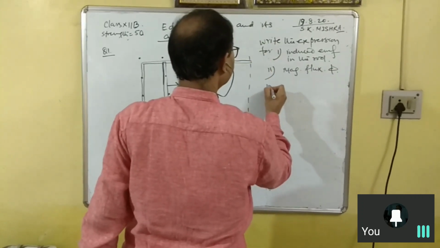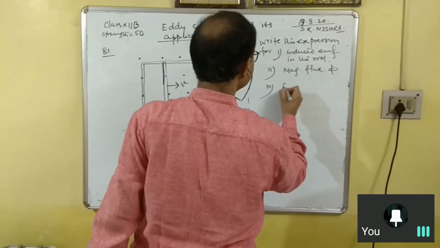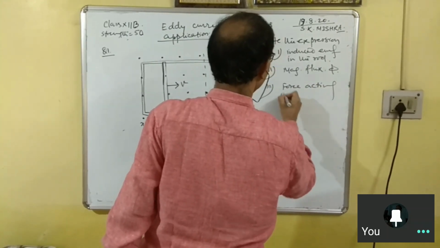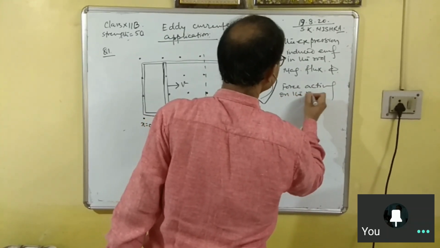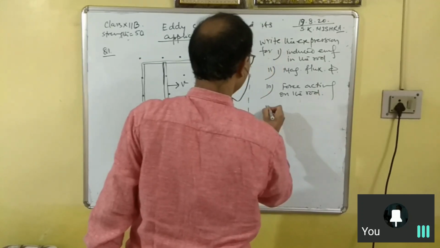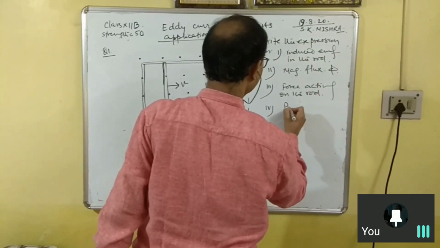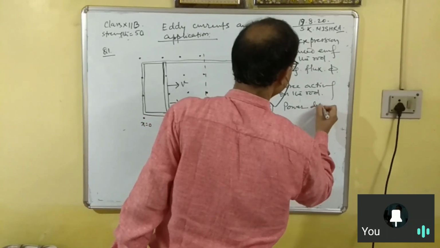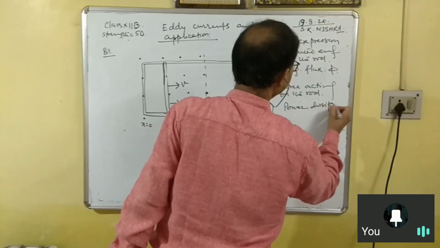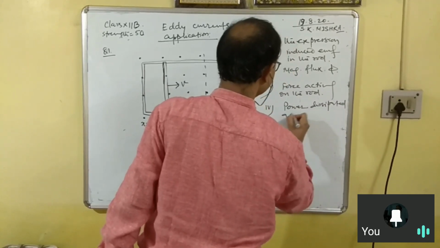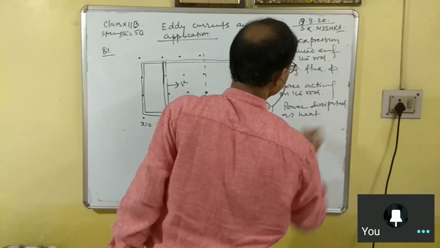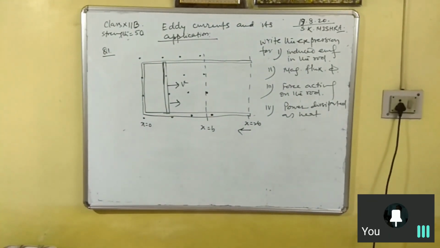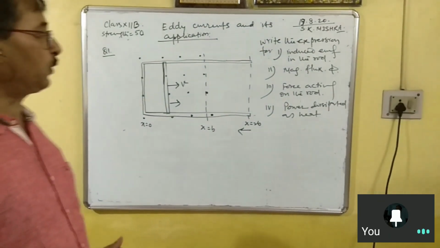Then the third expression is the force acting on the rod. And the fourth part is the power dissipated as heat. So you have to first write all four expressions.